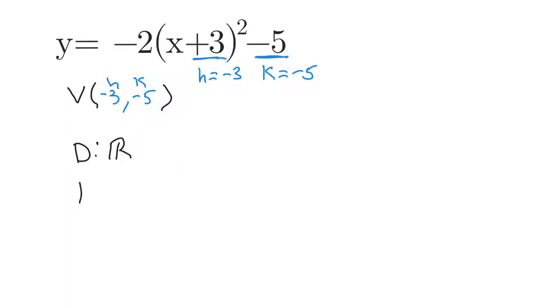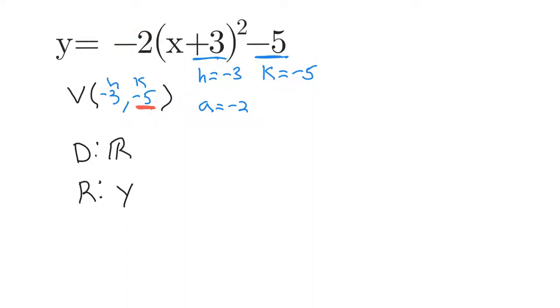My range, now looking at your vertex, the range, you need a y, and we need to know if it's less than or greater than, and then we're going to use the k value or the y in your vertex. And that's where the a comes in. So let's talk about a. A is -2, which is the number right here outside of the parentheses, before the parentheses.